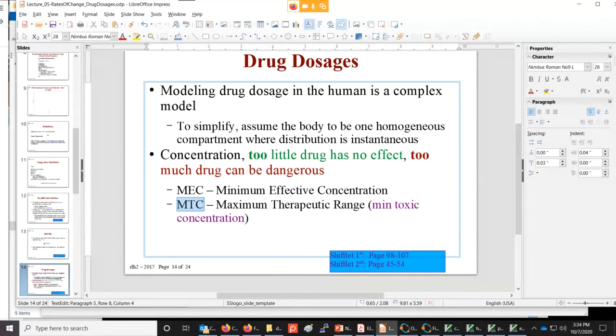And there's a lot of drugs that are like this, most drugs really, right? You don't want to take too much at one time, but you have to have enough in there to have an effect on the body. And so we have these two values here, the minimum effective concentration and the maximum therapeutic range.